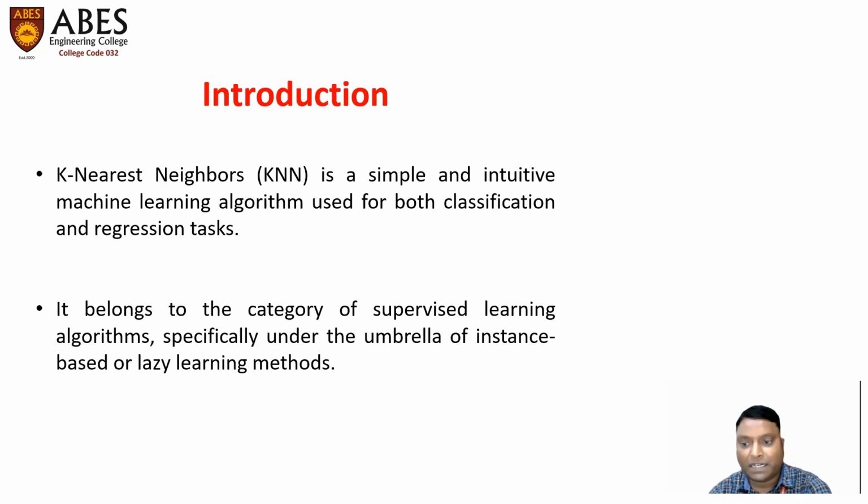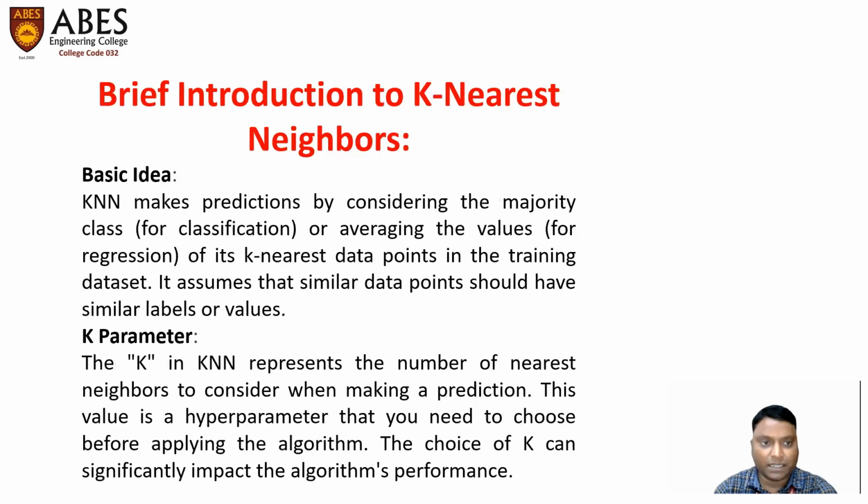Since this is a supervised learning technique, we can solve problems related to classification and regression tasks. The KNN algorithm assumes the similarity between the new case data and available cases, and puts the new case into the category that is the most similar to the available categories. So this is the basic idea of the KNN algorithm.